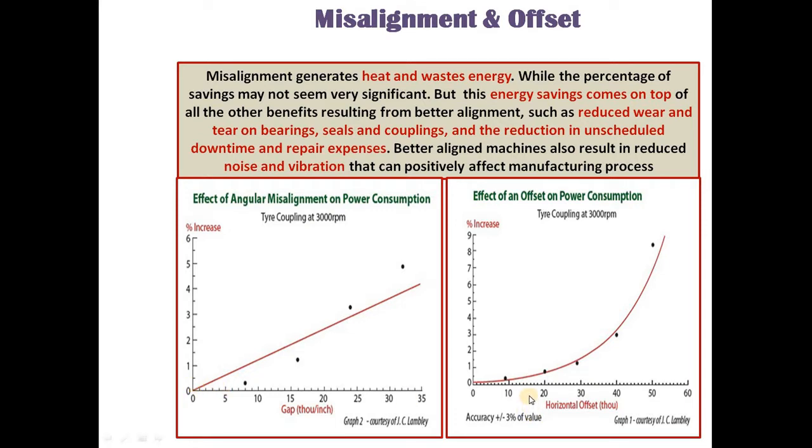Similarly, if we allow radial misalignment up to 10 thou, that is 0.25 millimeter, then also if you see the power consumption will be around 0.5% or less than 0.5%. That means power consumption wise misalignment is not so significant, but misalignment should not be allowed.